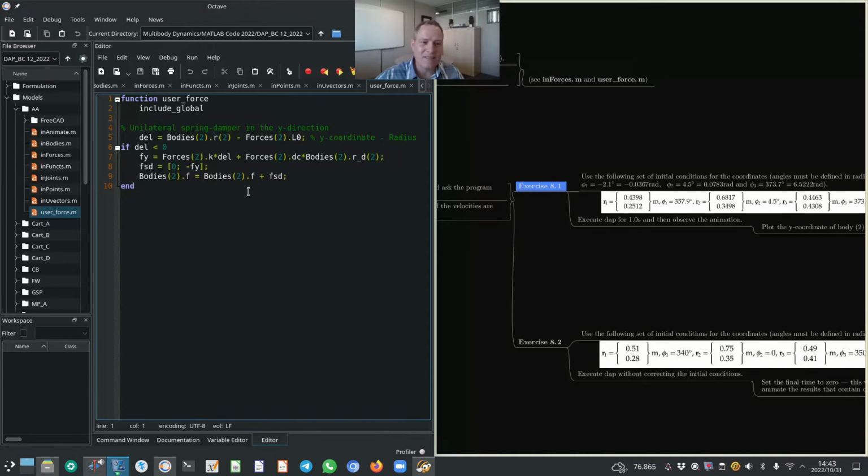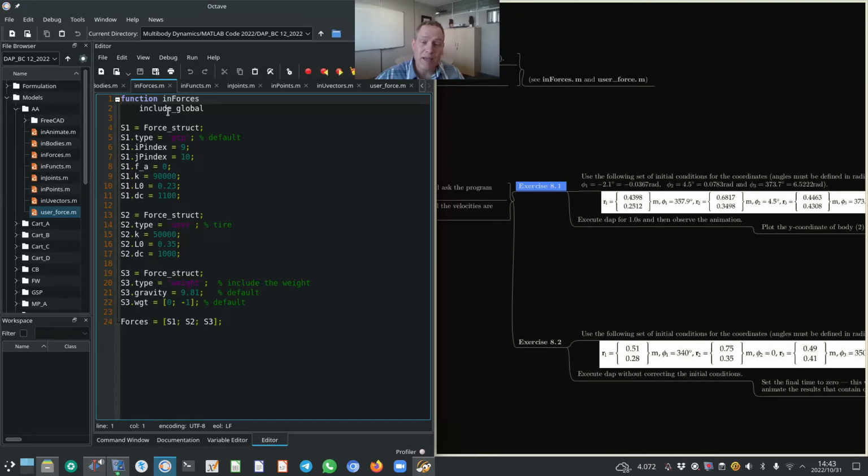Okay, so with that discussion of the M file user_force, we can return to the input M file in forces. The last force is obviously only weight, which we've been dealing with. We've been including weight or gravity in all our examples. Suffice to say that if you do not specify S3.gravity as 9.81, DIP will use 9.81 as its default.